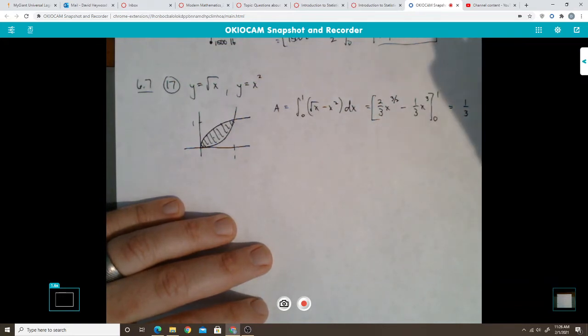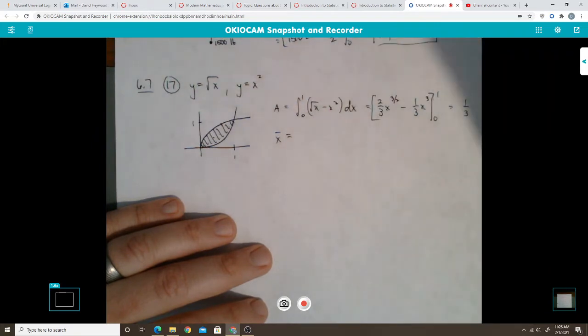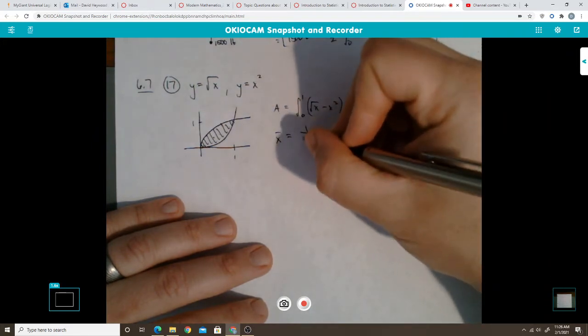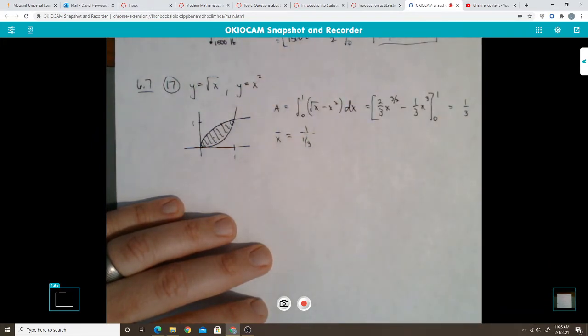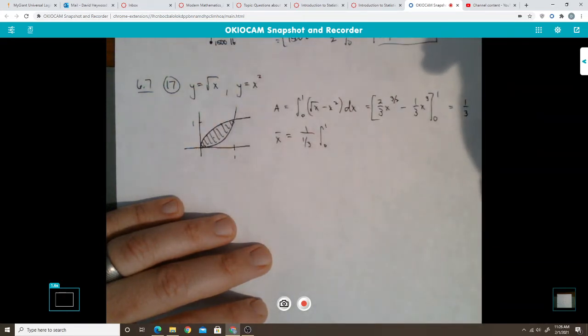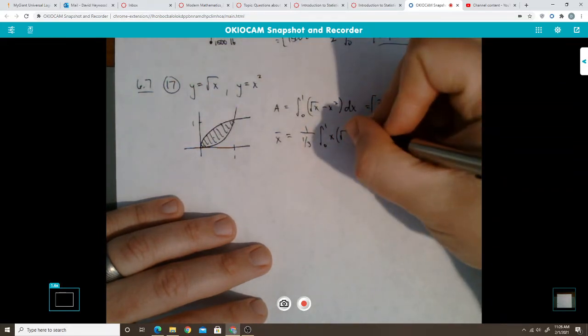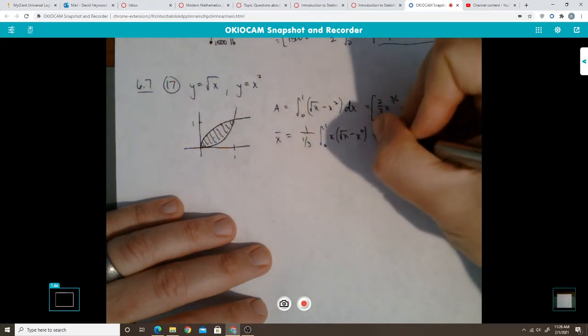Okay, so now x bar is 1 over the area of that region, so 1 over 1/3, which is just going to be 3, times the integral from 0 to 1 of x times root x minus x squared dx.